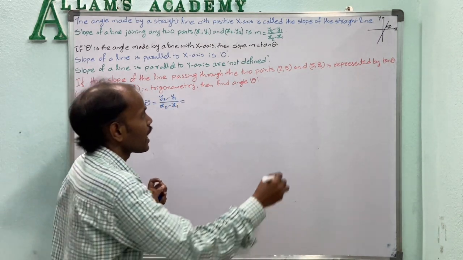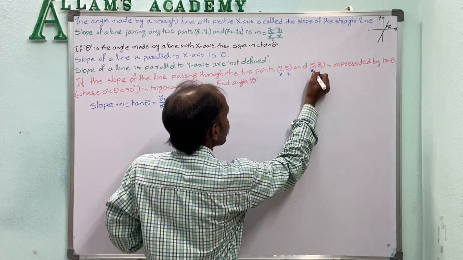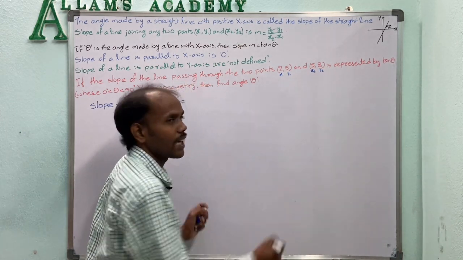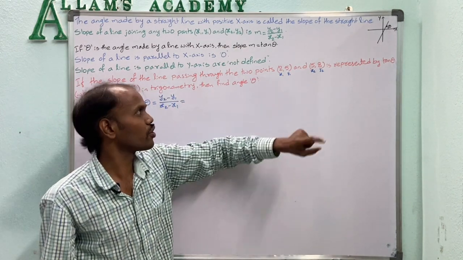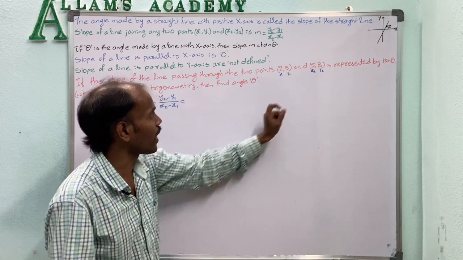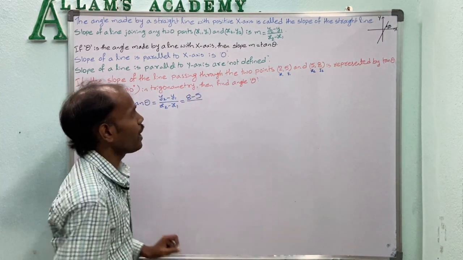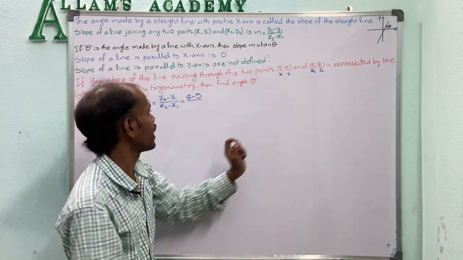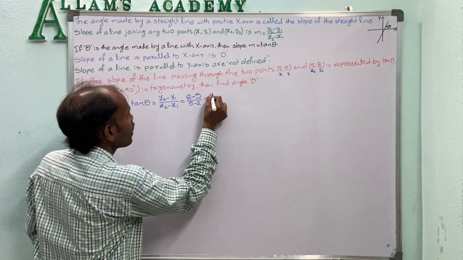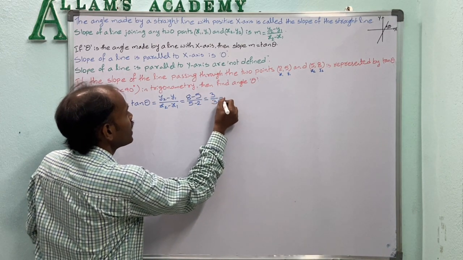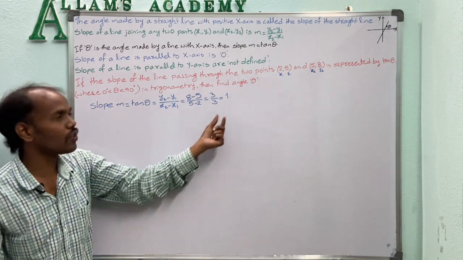So here the x1, y1 coordinates are 2 comma 5 and the x2, y2 coordinates are 5 comma 8. Now substituting these coordinate values, y2 minus y1 is 8 minus 5 by x2 minus x1, 5 minus 2. So 8 minus 5 is 3 by 5 minus 2 equals 3. 3 by 3 is nothing but 1. So now tan theta equals 1. When tan theta is 1, theta equals 45 degrees, since tan 45 equals 1.